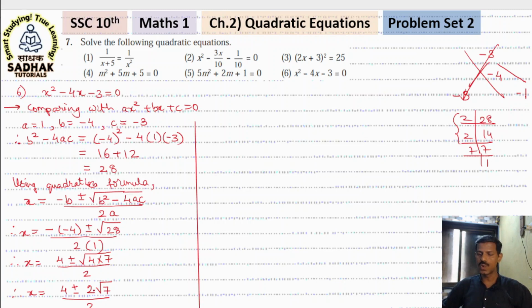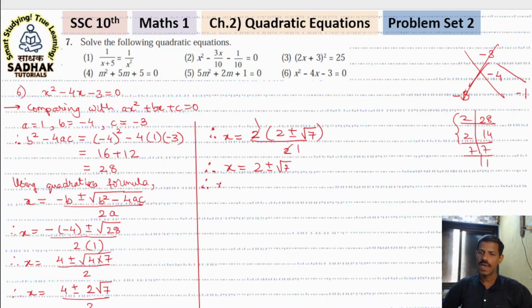Now look, 4 and 2 have 2 common, so that 2 we can take outside. So x is equal to 2, we took it outside, so inside what remains? 2 plus or minus root 7 divided by 2. Now we can divide the numerator and denominator, 2 will get cancelled. So x will be equal to 2 plus or minus root 7. Now this cannot be simplified further.